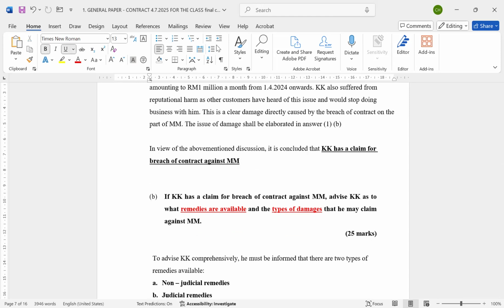Based on my version and style of drafting the answer for question 1A, you can see that I do not really cite the judgment, because citing judgment is a lengthy thing.